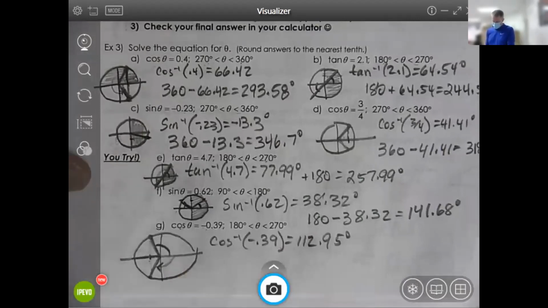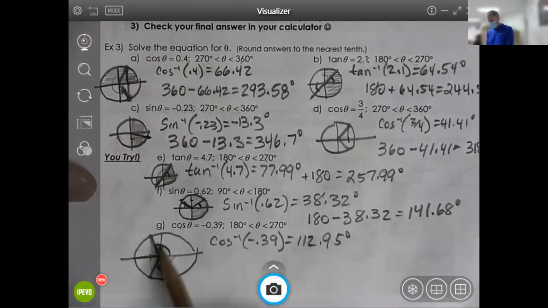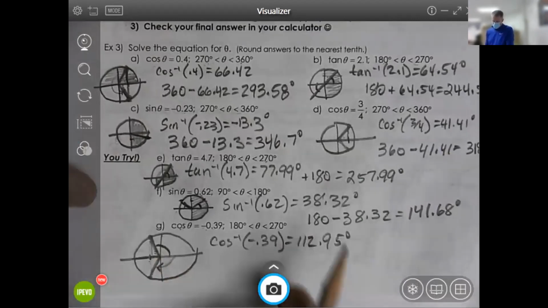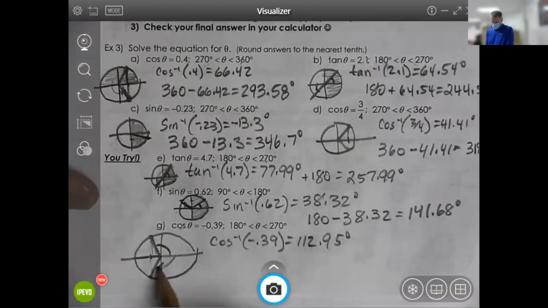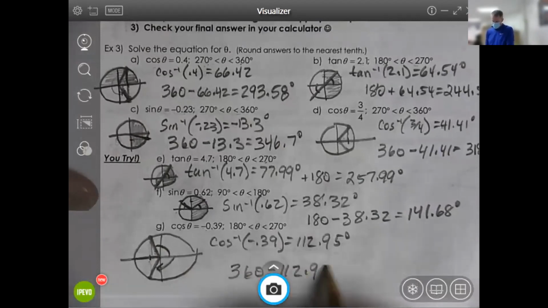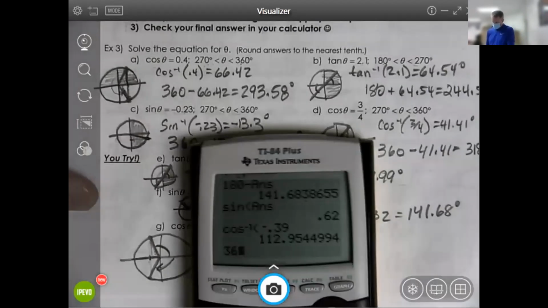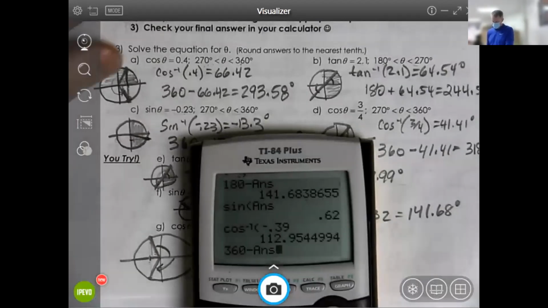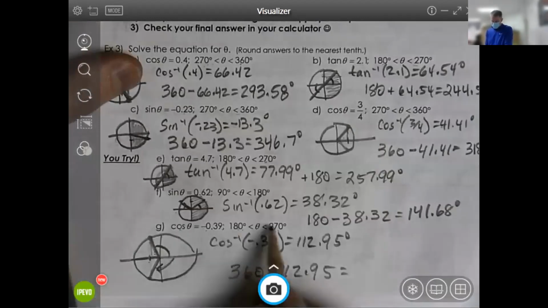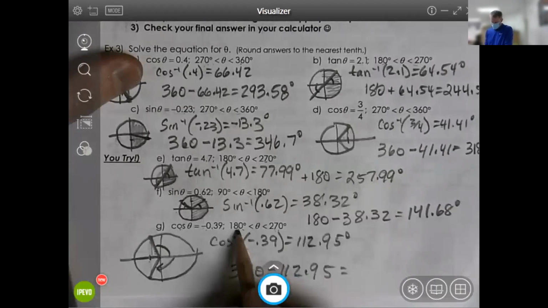Now you can do this two different ways. You can figure out what your reference angle would be, subtracting 180, getting your reference angle, adding it to 180, that would totally work. But if you want to use the 112, that is backing up from the 360, that same amount. So 360 minus, that is 247, and that is between 180 and 270.